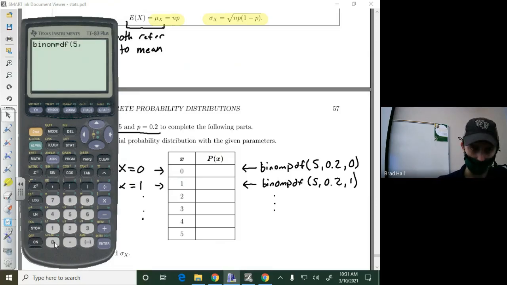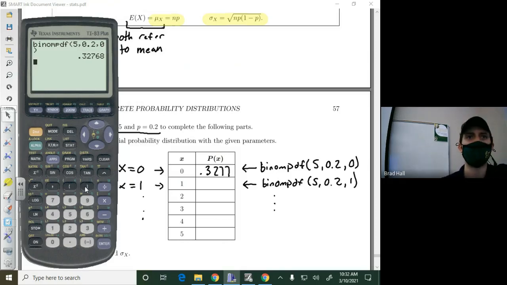Five, 0.2, and I'm using the PDF and not the CDF. PDF is when we are exactly equal to a number, and 0 would be the first one. 0.3277, rounding to 4 decimal places.